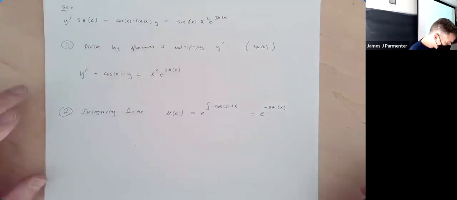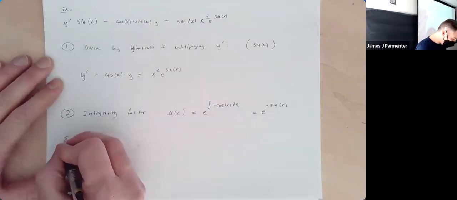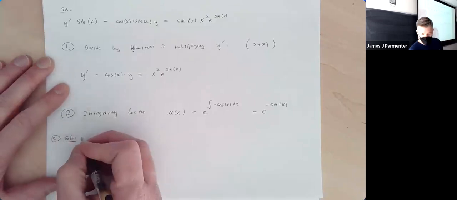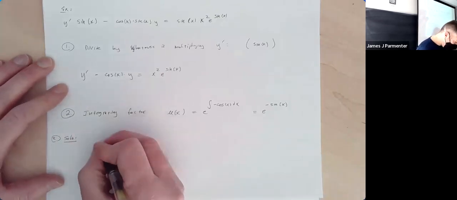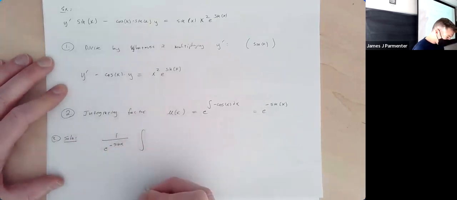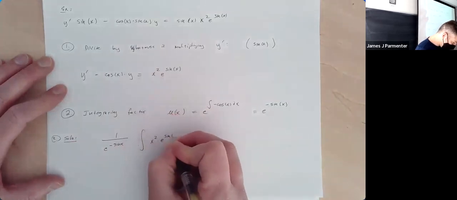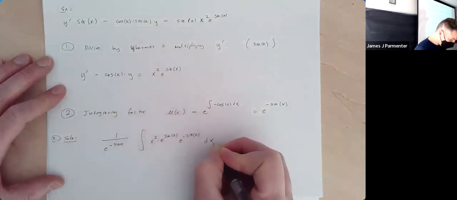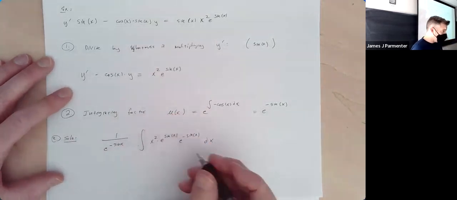If you're solving this, our solution now, and I'm just going to jump straight to it because it is 10:50, is going to be 1 over e to the negative sine of x times the integral of x squared times e to the sine of x times e to the negative sine of x. Well, that's great because those two things multiply together to give you 1.